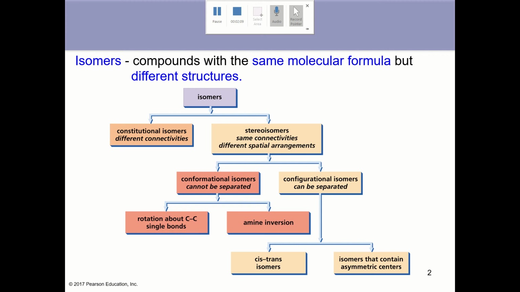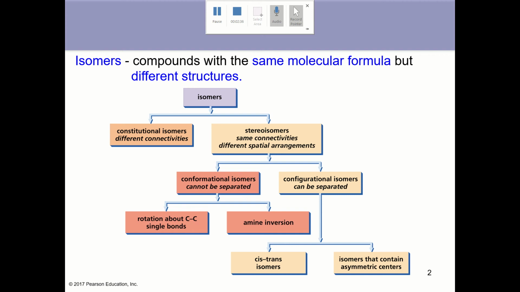But if we have configurational isomers, these can be separated because, even though they have the same molecular formula and the same connectivities, the difference in their spatial arrangements is such that they are physically different molecules with at least one different physical property.